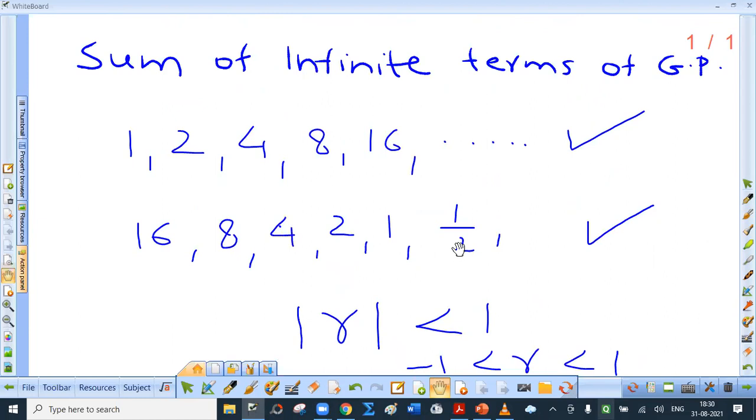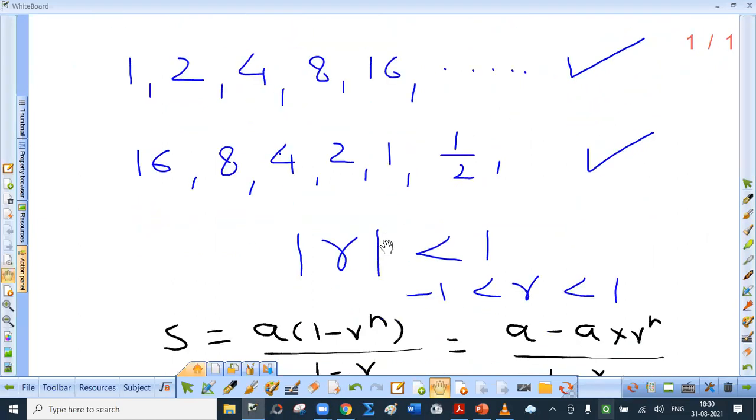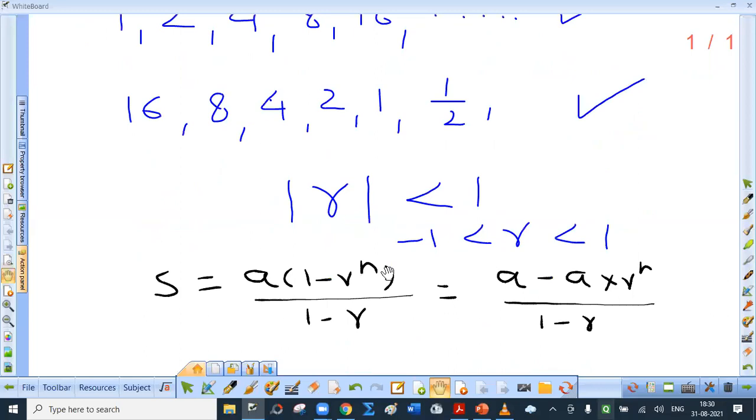But if it is a decreasing geometric progression, then you will notice that term at infinity approaches zero, so that sum of the numbers approaches a real number. Therefore, sum to infinity exists or is defined if and only if the modulus value of the common ratio is less than 1. If modulus value is greater than or equal to 1, then sum to infinity does not exist.